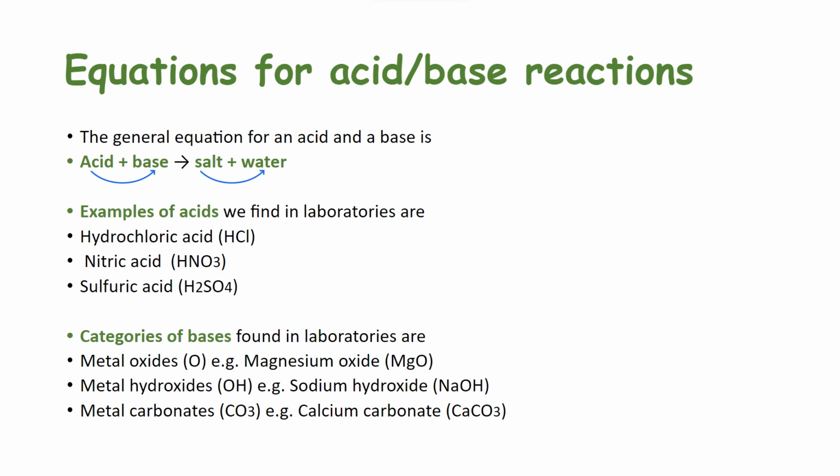Metal oxides is the first category and tells me that a metal is bonded to oxygen. Metal hydroxides is the second category, and it tells me that a metal has bonded to the compound OH. The third category is metal carbonates, and it tells me that a metal has bonded to the compound CO3.